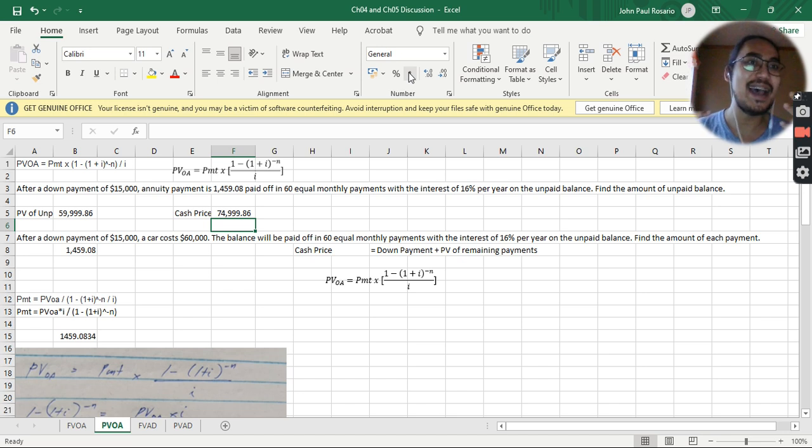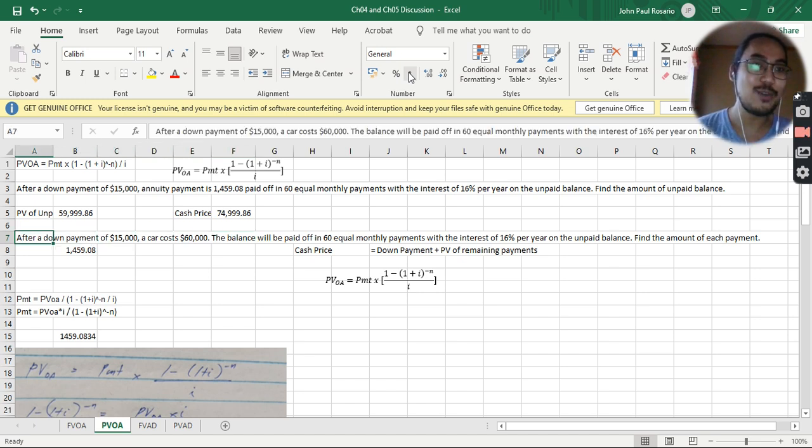Now, what if the question here was, before a down payment of 15,000, a car costs 60,000. That means your unpaid balance would be 60,000 minus 15,000, because the total cash price is the 60,000 already.